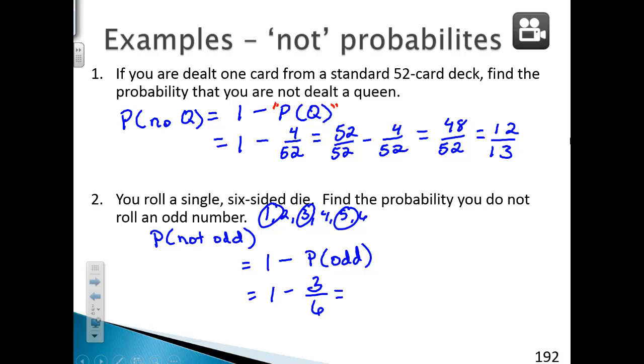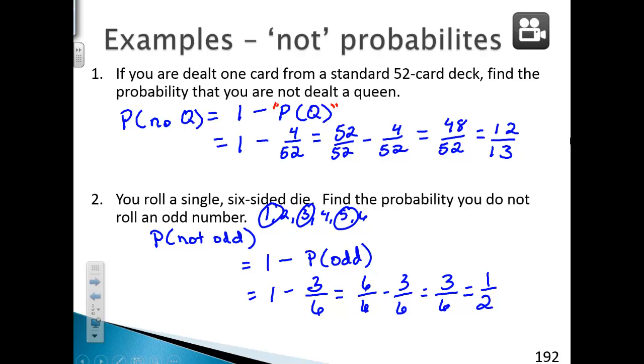Okay, so we need to subtract 1 minus 3/6, and again, you can use your calculator or find that common denominator. So 6 over 6 minus 3 over 6, and 6 minus 3 is 3 over 6, and we reduce that to 1/2.